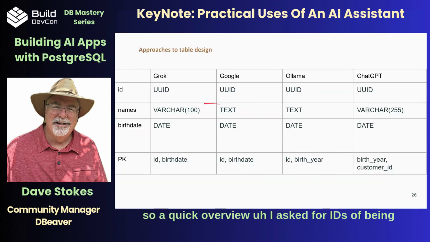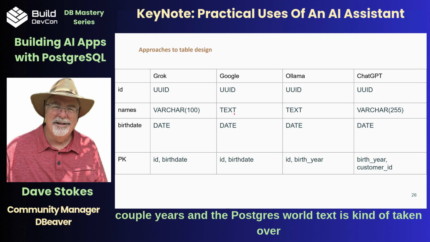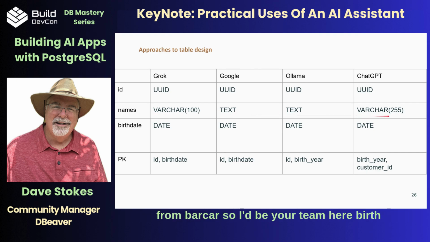So, a quick overview. I asked for IDs being UUIDs, works. Names varchar 100. If you live in a country with fairly short names, that might work. Past couple of years in the Postgres world, text has kind of taken over from varchar, so I'd be team text here. Birth date is all saved as date. Primary keys: ID and birth date, ID and birth date, ID and birth year, and birth year and customer ID.